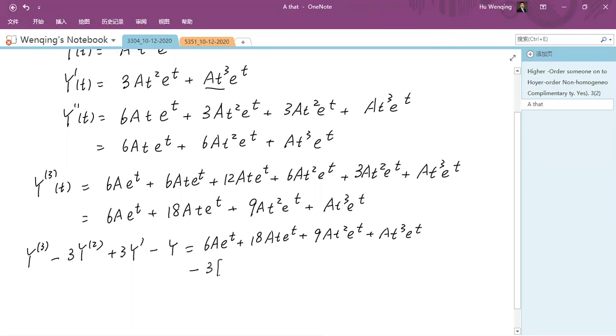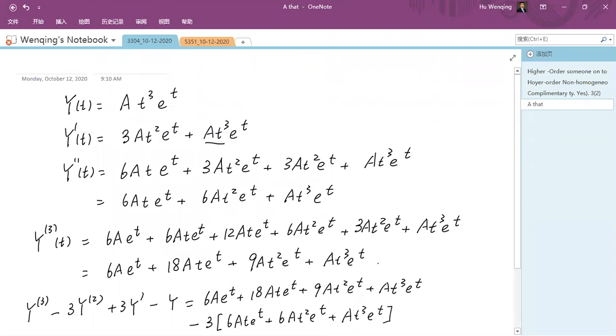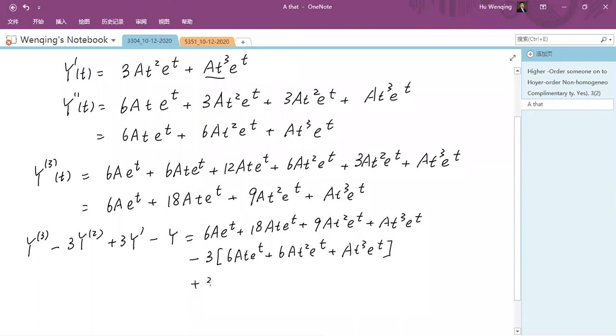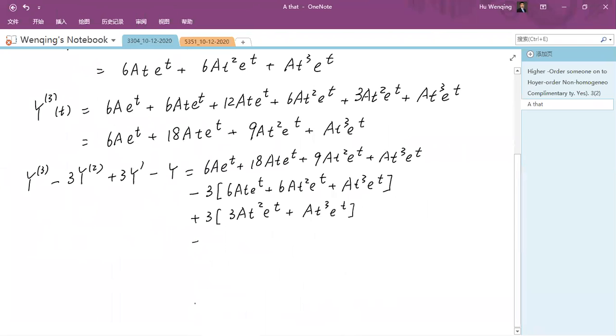So that's going to be 3 times the 6at e power t plus 6at squared e power t, and then plus at cubed e power t. So that's going to be this second derivative. Now the first derivative: plus 3 times y prime is 3at squared e power t plus at cubed e power t, right? You have this. And then it's minus y, which is at cubed e power t.